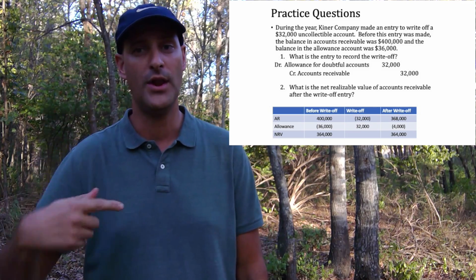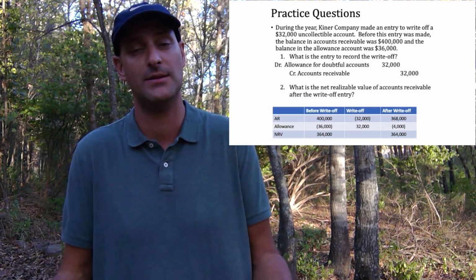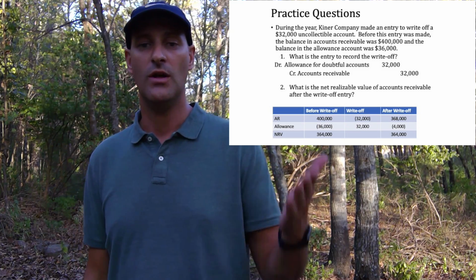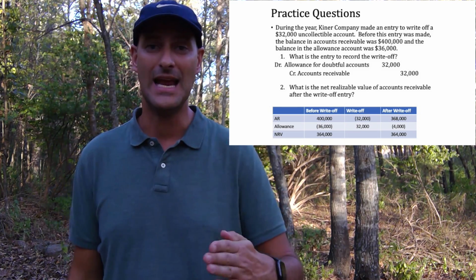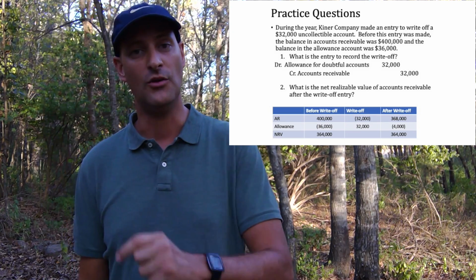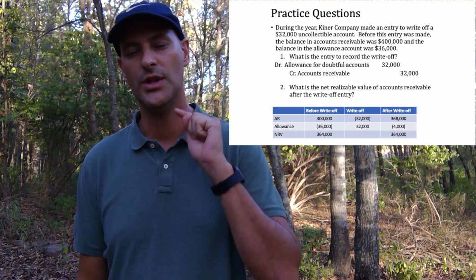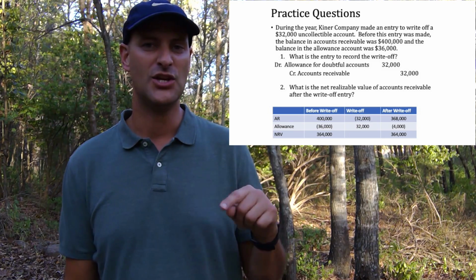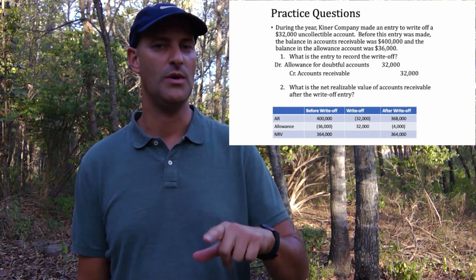The fact that we wrote one off did not change our estimate of the net realizable value of our receivables. So the net realizable value stays the same when we write off the accounts receivable because we recorded the expense and the allowance when we estimated it initially, which should have been in conjunction with the sale, which is when we recognize that expense.